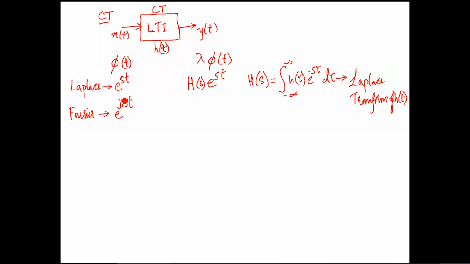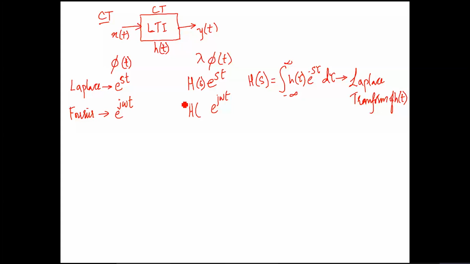If you see this and this, it's one and the same thing almost, because this j omega is also a complex number. It is just a purely imaginary complex number. He showed that this e raised to the power of j omega t, if you put this, then this is also an eigenfunction, and the output here would be e raised to the power of j omega t, the same thing, multiplied by something.